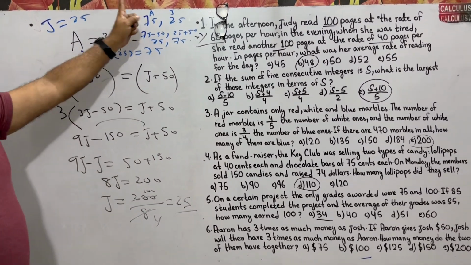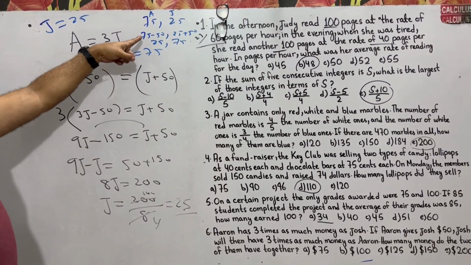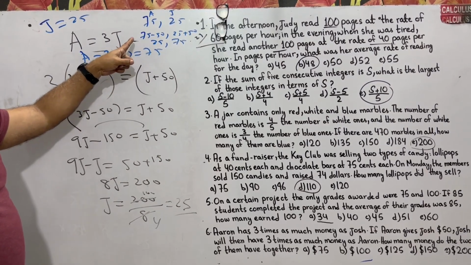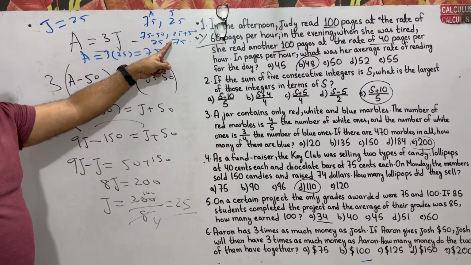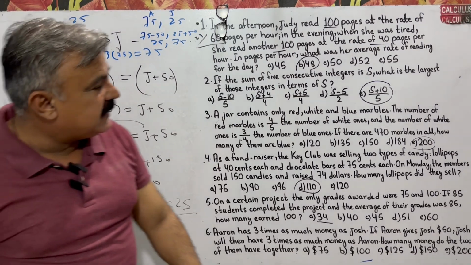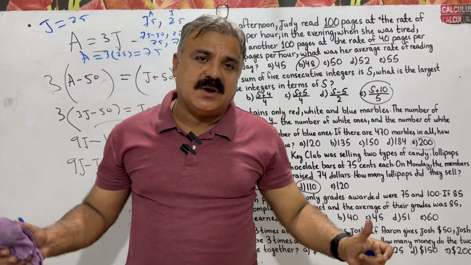First, Aaron is 3 times Josh. After giving away $50, Josh is going to have 3 times Aaron: Josh $75, Aaron 25. That's my tiny effort to explain to you how to attempt word problems. It's all by itself. Next.